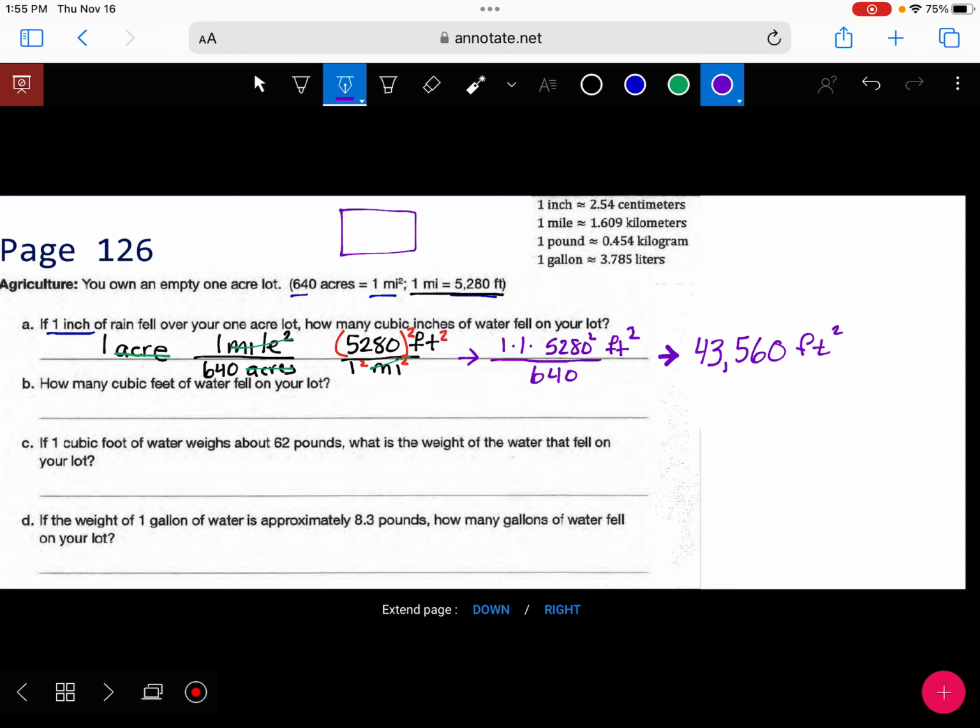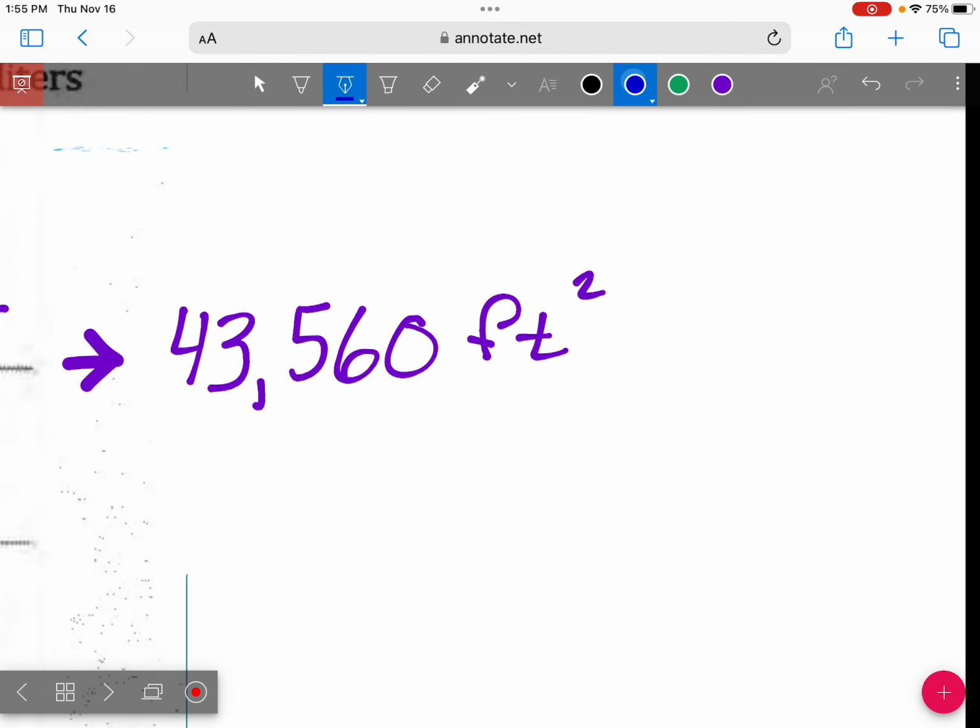So if I have feet squared and I want to go to inches squared, what do I know about feet and inches that I can use over here? If I want to get to inches squared. How many inches are in a foot? 12.